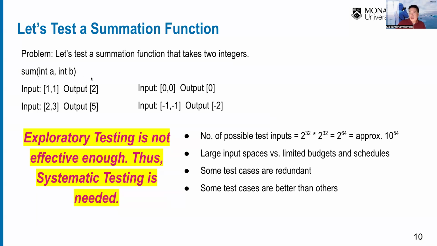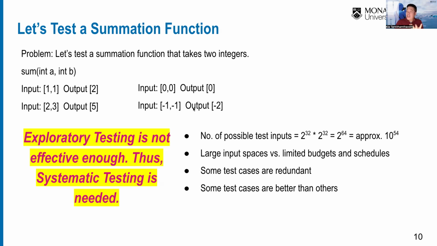So if we define a function sum that takes an integer a and an integer b, easy. You may think the test cases could be 1 plus 1 equals 2, 0 plus 0 equals 0, 2 plus 3 equals 5, minus 1 plus minus 1 equals minus 2, right?